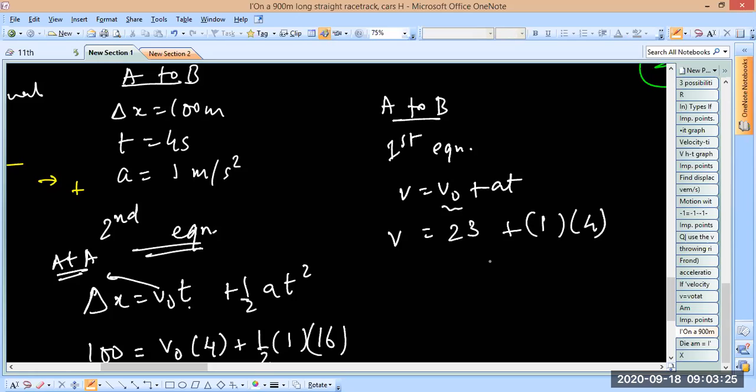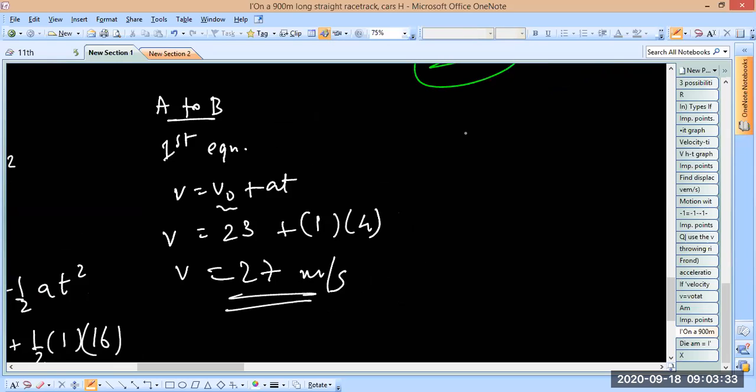So this is obviously 27. I hope everyone understood that. So finally, the velocity when it crosses A is 23 meter per second, and the velocity when it crosses B is 27 meter per second.